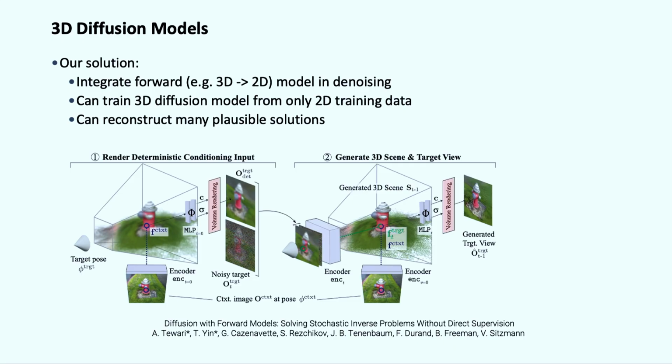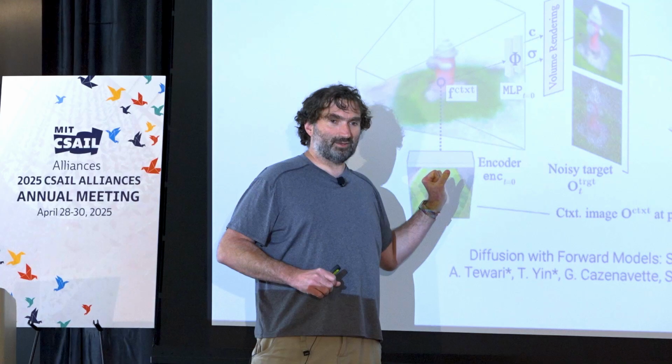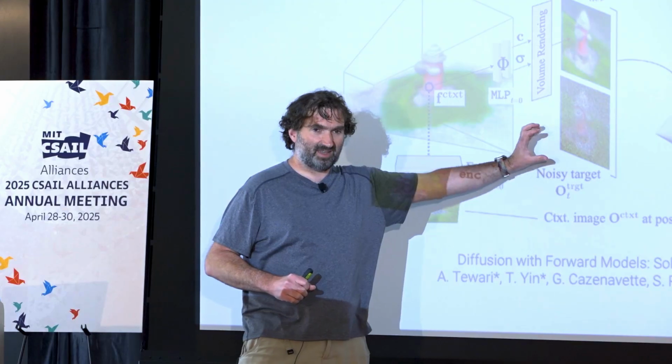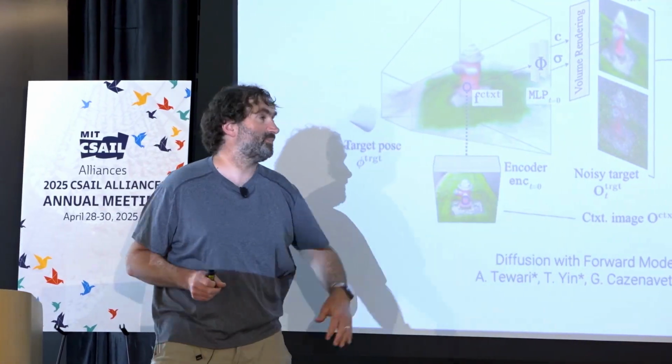So we carefully model what happens when you have 3D data and you turn it into a 2D image, and you plug this idea into a diffusion model, and you learn to not only diffuse the 2D images, but to backpropagate all this all the way to the 3D data.